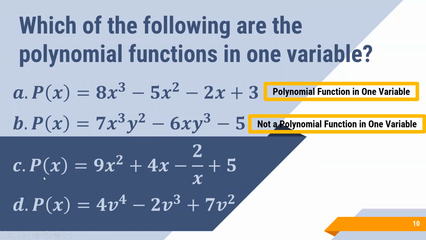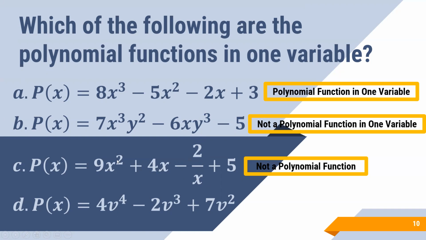Right? Letter C, P of x is equal to 9x squared plus 4x minus 2 over x plus 5. So obviously, we can consider this as not a polynomial function because meron tayong nakikitang variable sa denominator dito sa fractional form.